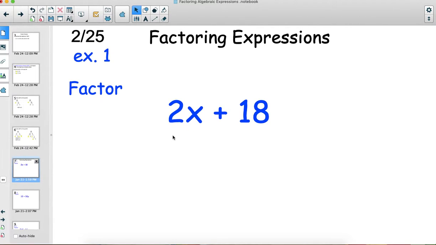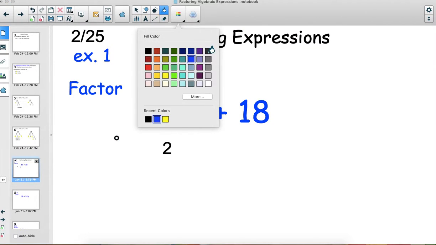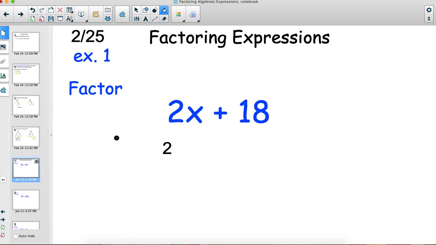So 2x, that literally means 2 times x, right? Put a dot for multiply. All right, so we have 2 times x, right?